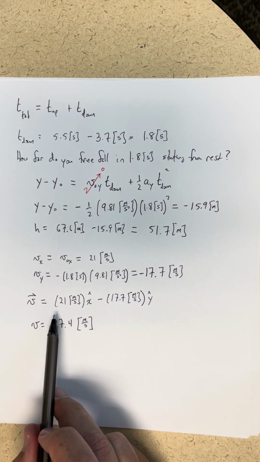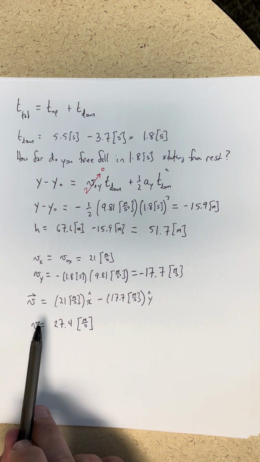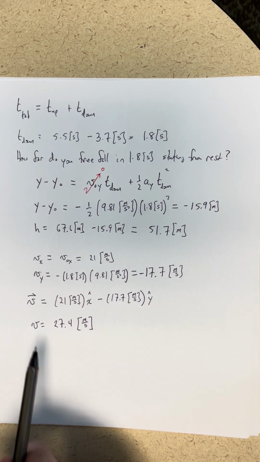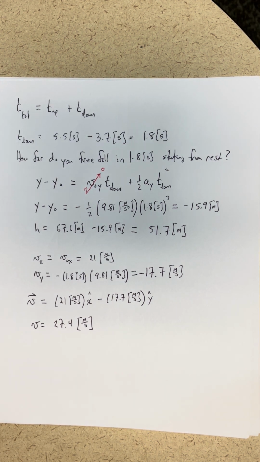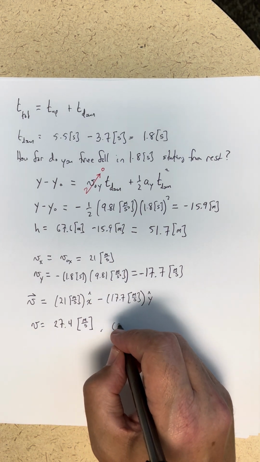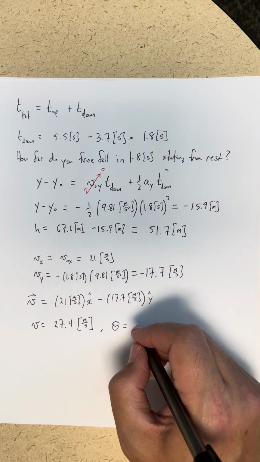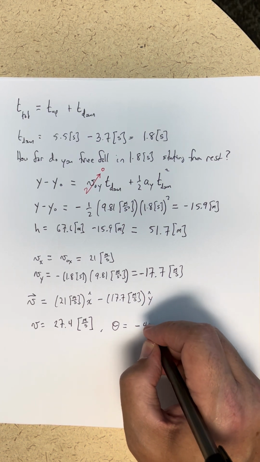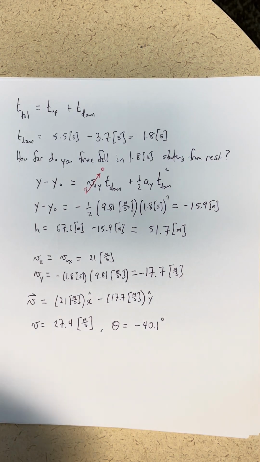And then the direction, if you think about this, is going positive x and minus y. So it's in the fourth quadrant. So that is going to be an angle of 40 degrees below the x-axis. So that's minus 40.1 degrees.